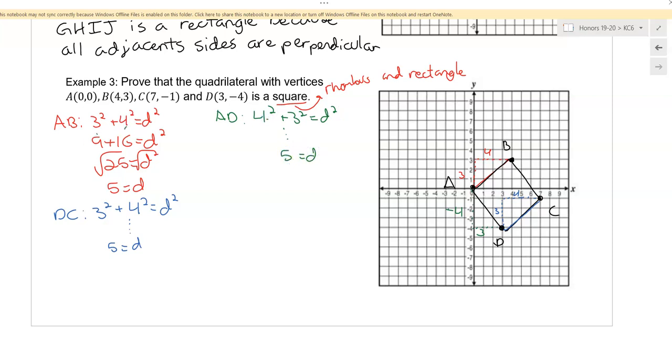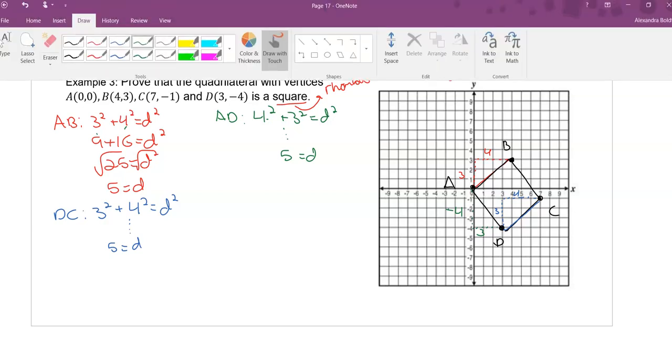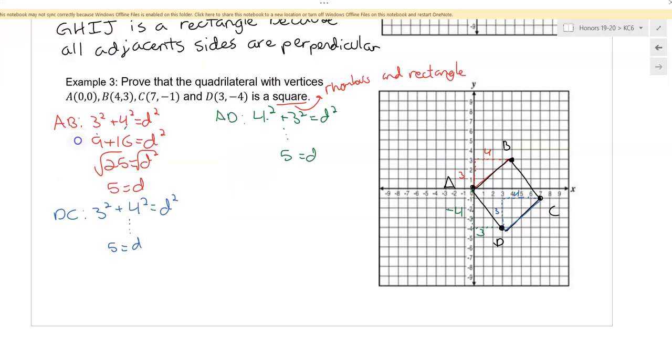Your distance is still just going to be 5. Same thing B to C. Negative 4 and 3. So again, that distance is 5. Great. I have all 4 sides congruent.